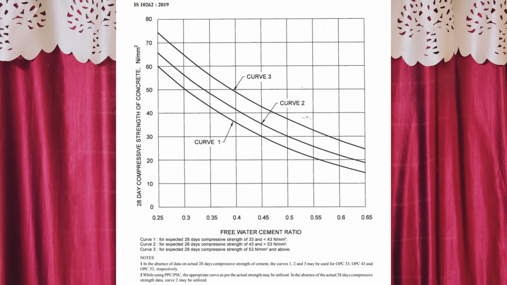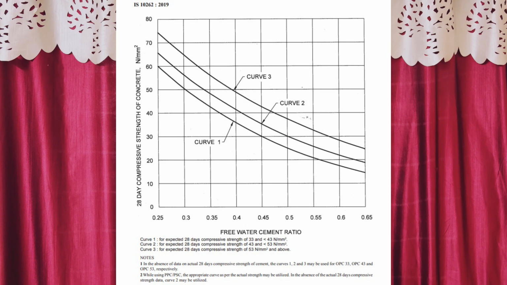So let's save our time and jump to the next IS code, which is IS 10262. There is a chart in IS 10262 which shows us the free water cement ratio as per the target mean strength. In this chart, we directly choose the free water cement ratio from our target mean strength. So let's see how it works.